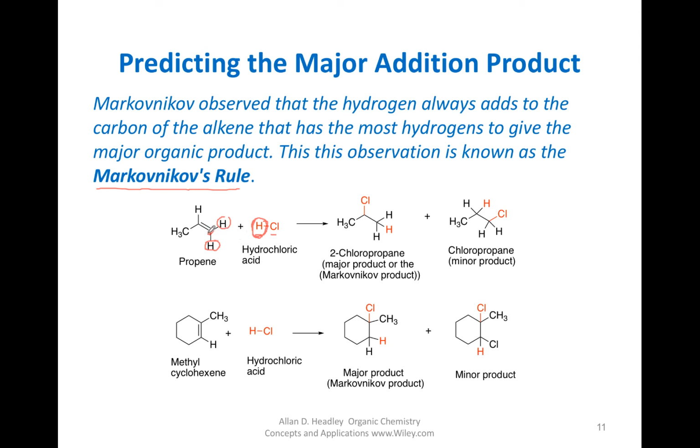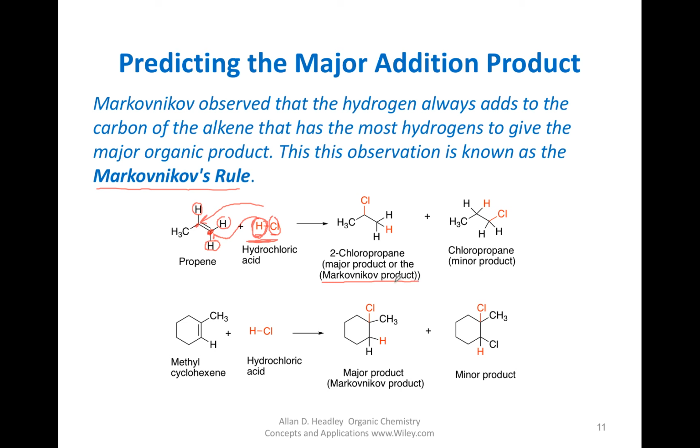So this carbon here has 2 hydrogens, and this carbon here has only 1 hydrogen. So what he predicted is that in the addition of HCl or HX, where X would be the nucleophile, the H always adds to the carbon of the double bond that has the most hydrogens, and the nucleophile adds to the other carbon to give the major product.